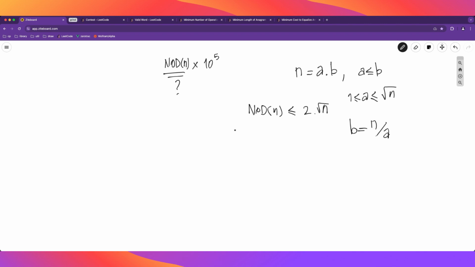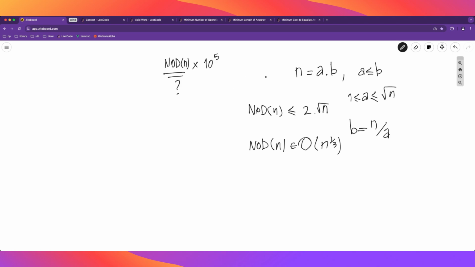But it turns out that there's a better bound that is used in competitive programming, and I think it's something like this. It's the cube root. So this is bounded by the cube root of n.